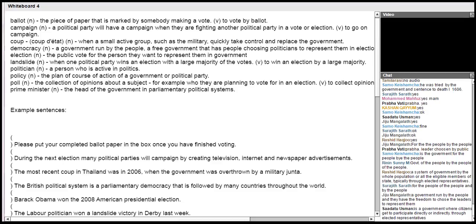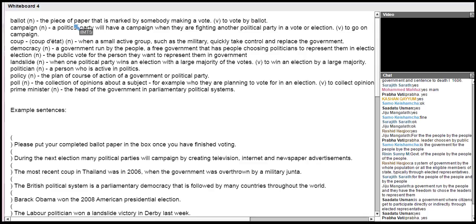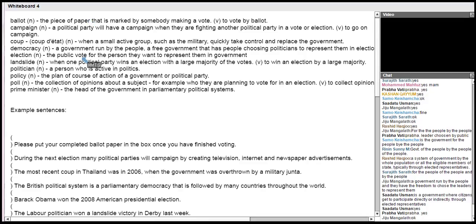It was a clean sweep for them. So in political terms, it is called landslide, as it has happened this year with BJP in India. Clear?